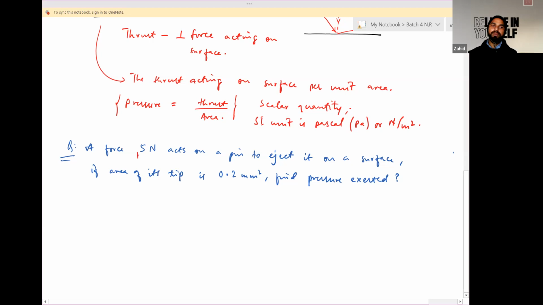In this question, we have force and area of cross section. Just put these values in this above part to find pressure.